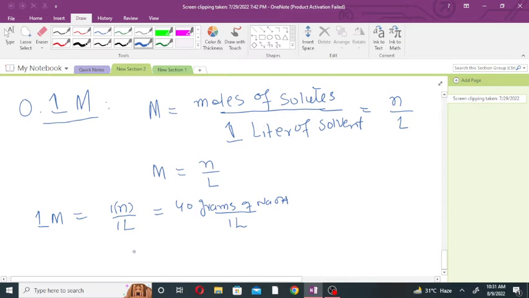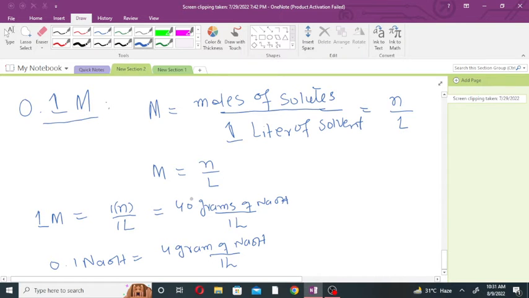So in order to prepare 0.1 molar NaOH solution, we will take 4 gram of NaOH and we will dissolve it in 1 liter of distilled water.